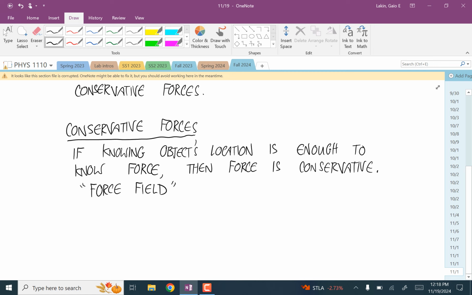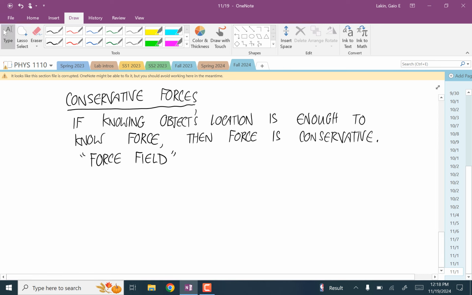They're just waiting for you to activate them. Force fields are the same way, except instead of daisies, everywhere you go, there's a force waiting for you. You can think of these forces as just waiting to be activated by the object going there. And if the object gets to this location, there's a force that's just been waiting to act on the object. Okay, so that's what a force field is.